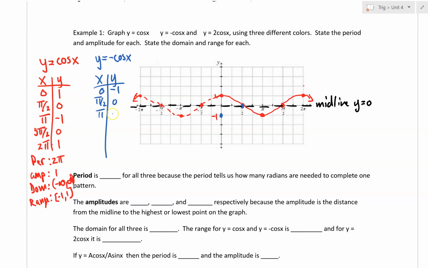Pi, that's going to be now +1. 3 pi over 2, that's going to give us 0 again, so we're back to 0. And then 2 pi, we're back to where we started, -1. And so now we should be able to see that this thing is just flipped.